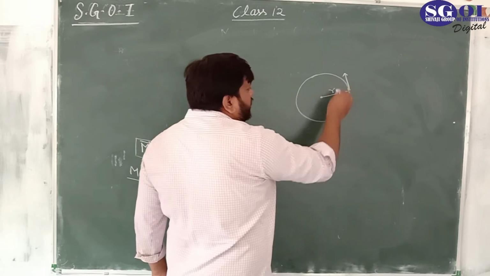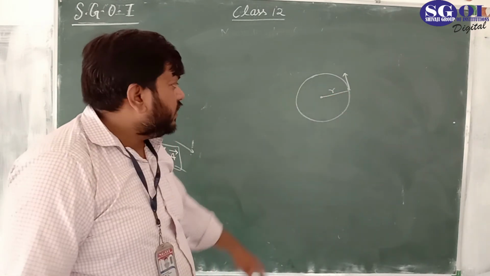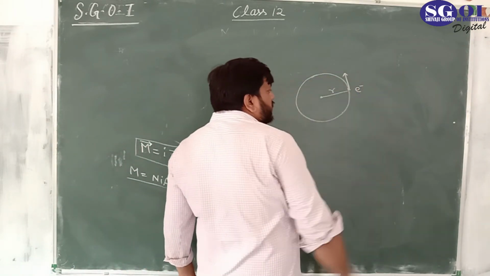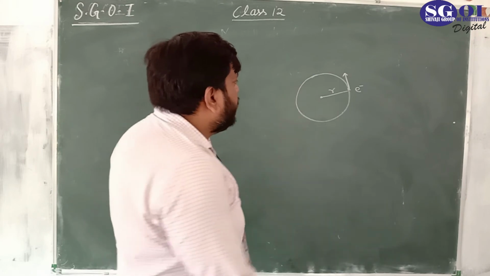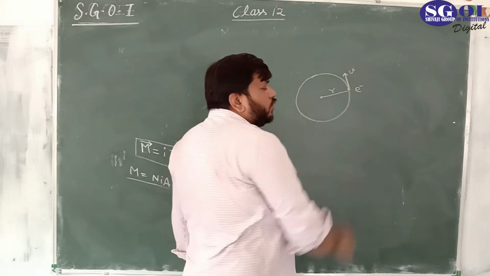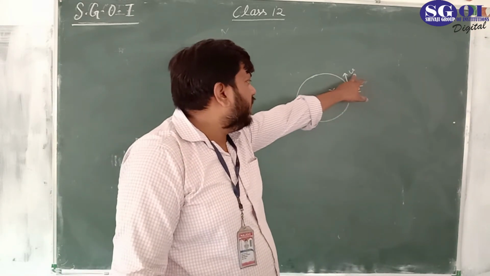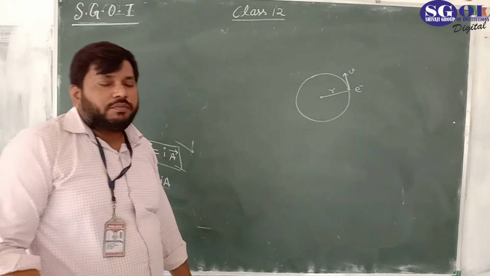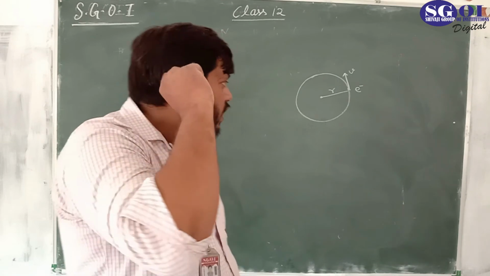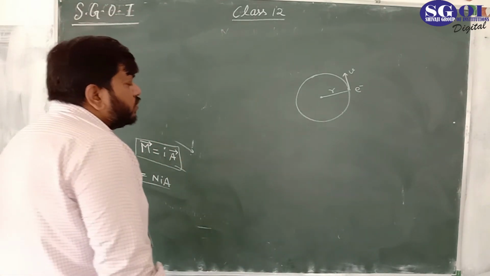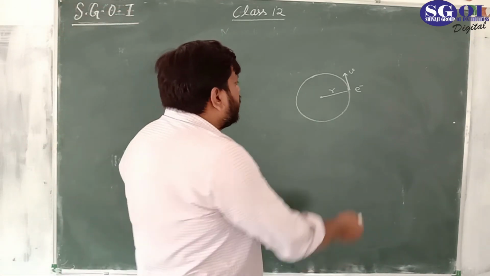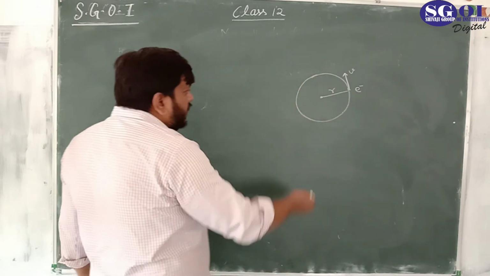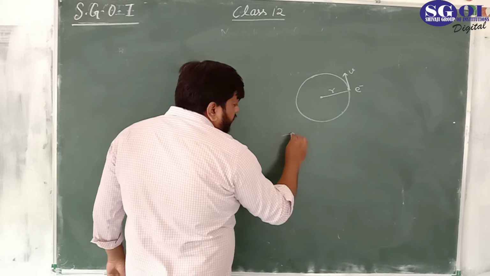Let's say this is the radius r, in which the electron, E minus, is revolving with velocity of magnitude v. This is moving with constant magnitude of velocity v, uniform circular motion you can see here. So the electron is moving like this in a wire, in a loop. Suppose it is a wire.